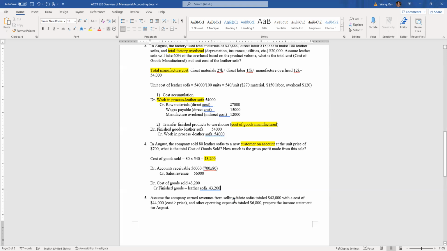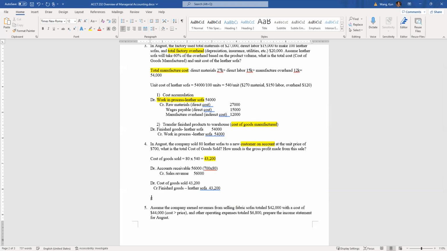So the gross profit here, what is gross profit? That equals the sales revenue minus the cost of goods sold before deducting other expenses.